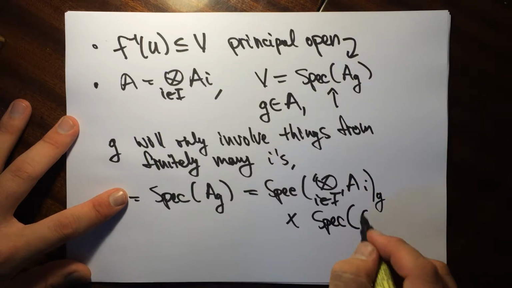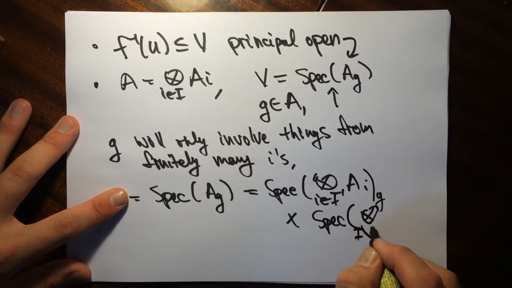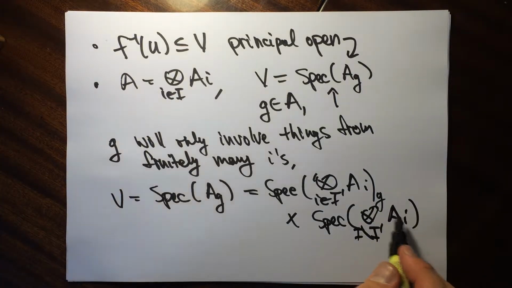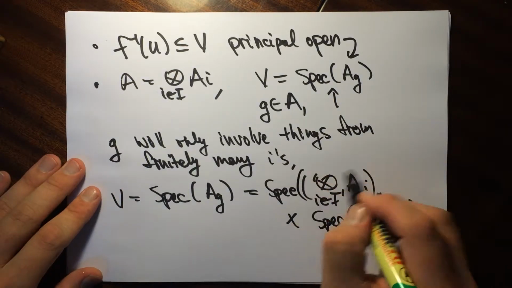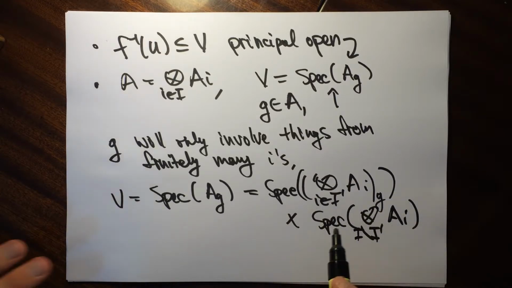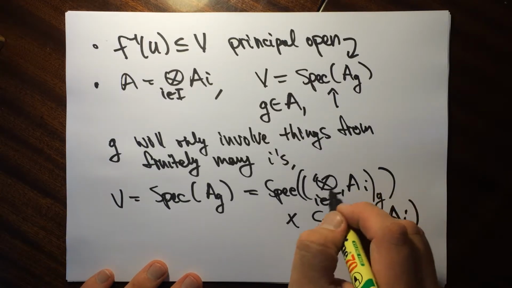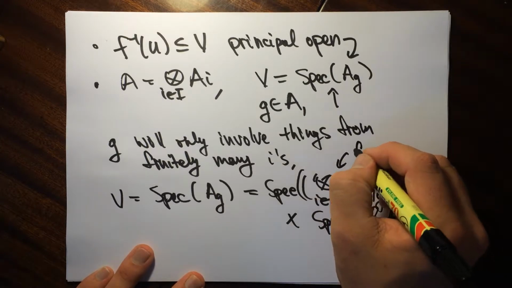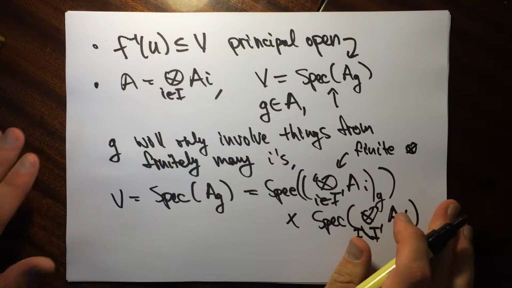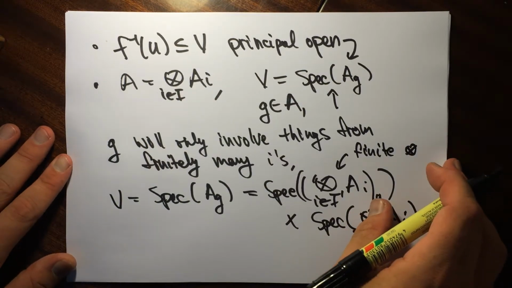Now the tensor product is going to go over I away from I prime, and g is not going to touch this part. This is how this is going to look, a finite tensor product. There's only finitely many appearing in the sum there.